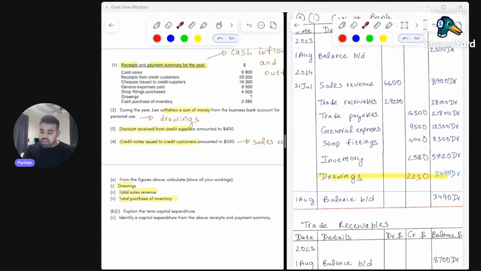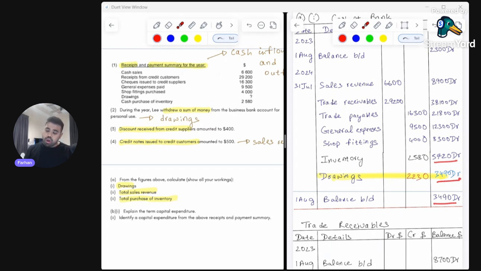So we know after the inventory transaction was included, we had a net balance of $5,720 debit. But based on the ending balance, which gets carried forward as the opening balance, we know that $3,490 debit is the final balance that we should have after the drawings have been taken care of.